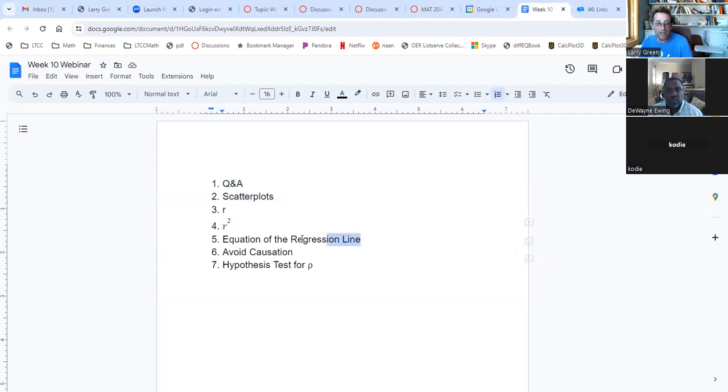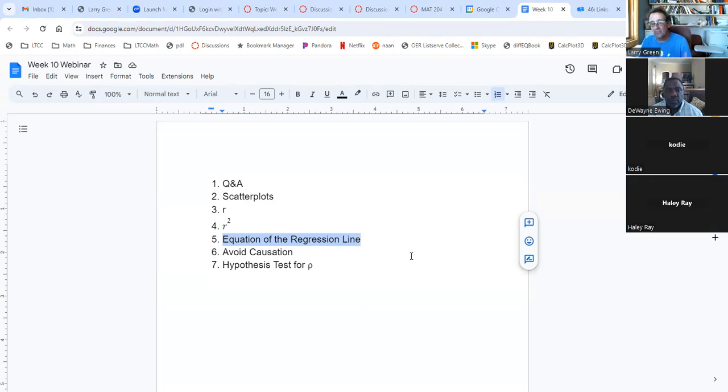And then we'll talk about the equation of the regression line. So today is a day where you definitely got to remember what lines are. Slope and y-intercept are going to be important, and we'll talk about how to interpret those when looking at regression analysis with a couple of variables.